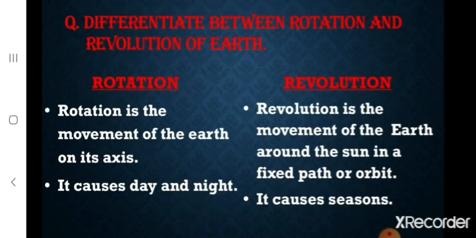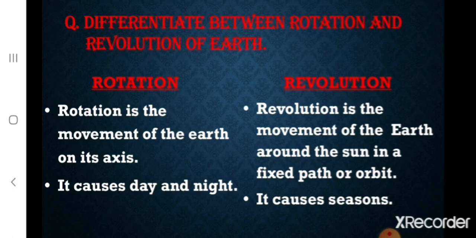Now, let's differentiate between rotation and revolution of Earth. Rotation. First point. Rotation is the movement of the Earth on its axis. Revolution. First point. Revolution is the movement of the Earth around the Sun in a fixed path or orbit. Rotation.